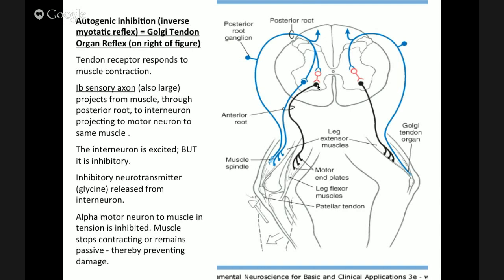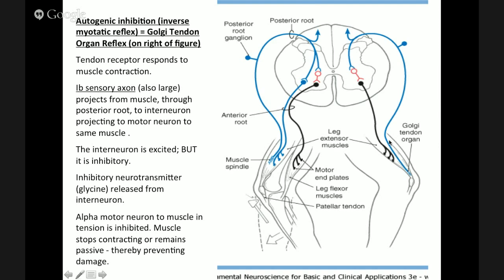So the autogenic inhibition is another way that the spinal reflexes can operate. This is through the action of the Golgi tendon organ. When a muscle contracts, it's putting strain on the tendon, and it activates the Golgi tendon organ. So that's monitoring contraction in the muscle. This is an inhibition of the same muscle which initiates the reflex.